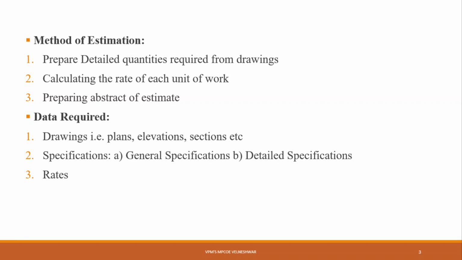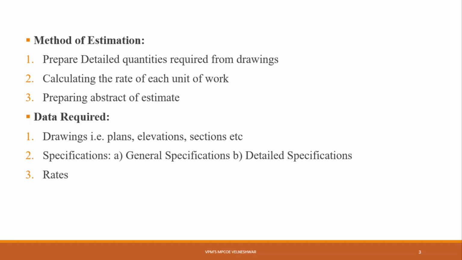Detailed specification gives the detailed description of various items of work. If you are using brick, every detail of that brick: color, dimension, water absorption ratio, its strength, then various items of works, the quantities of materials, their proportions, the methods of preparation, then workmanship and execution of work.